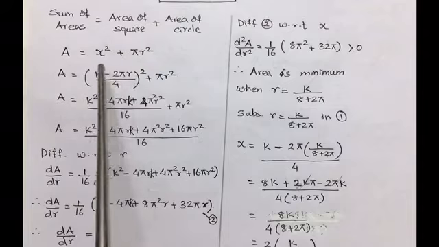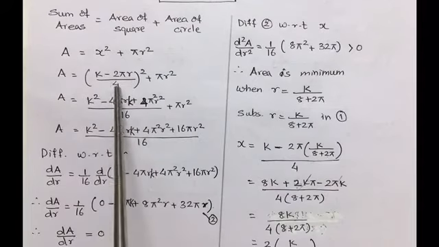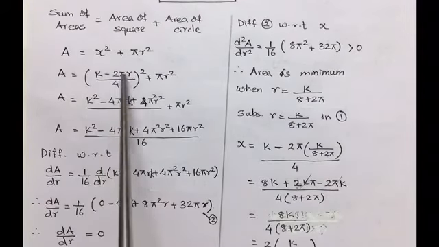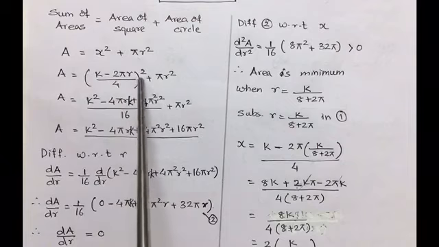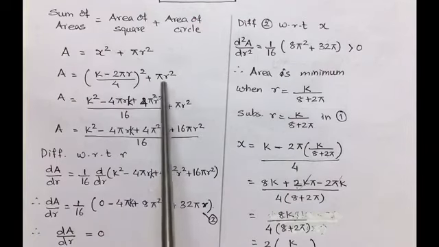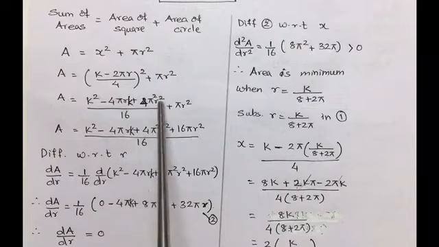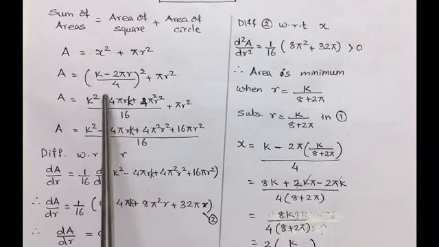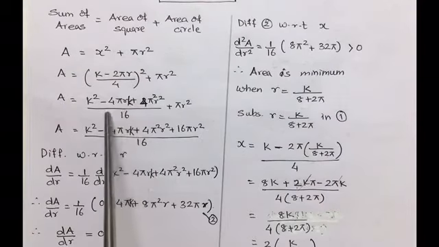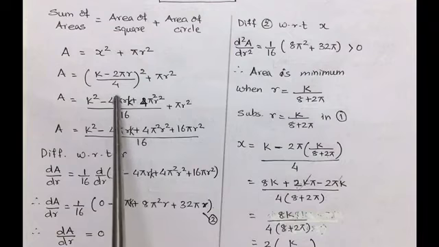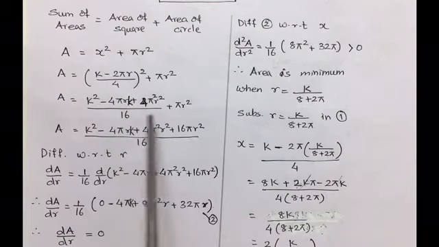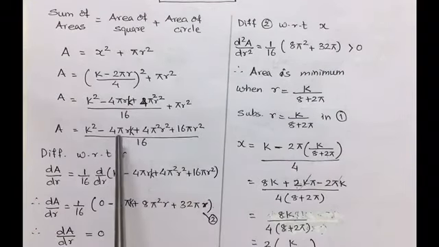In the place of x, keeping the value from 1, ((k minus 2 pi r) upon 4) whole square plus pi r square, expanding it by using the formula of (a minus b) whole square, we'll get like this. 4 square is 16, plus pi r square.